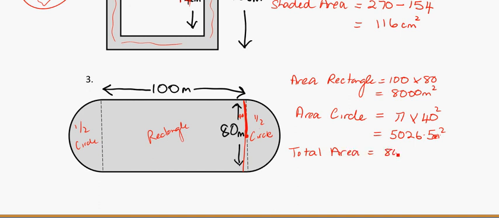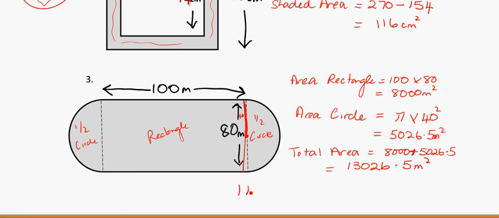equals 8,000 plus 5,026.5, which comes to 13,026.5 meters squared. Now, just for interest, how many of you can change that to hectares?